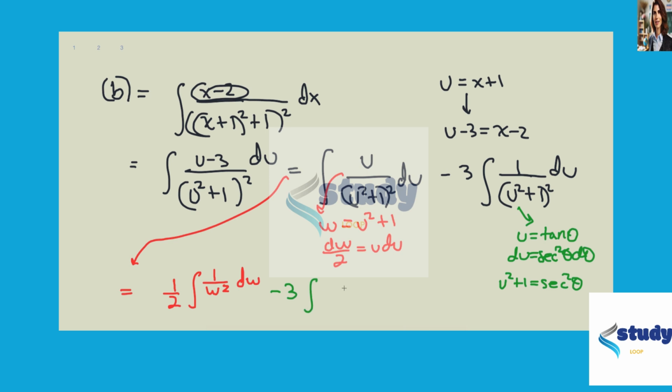So we have secant squared theta over secant to the 4th theta. So we could go ahead and write this as secant squared on the bottom, and then use the fact that 1 over secant equals cosine.